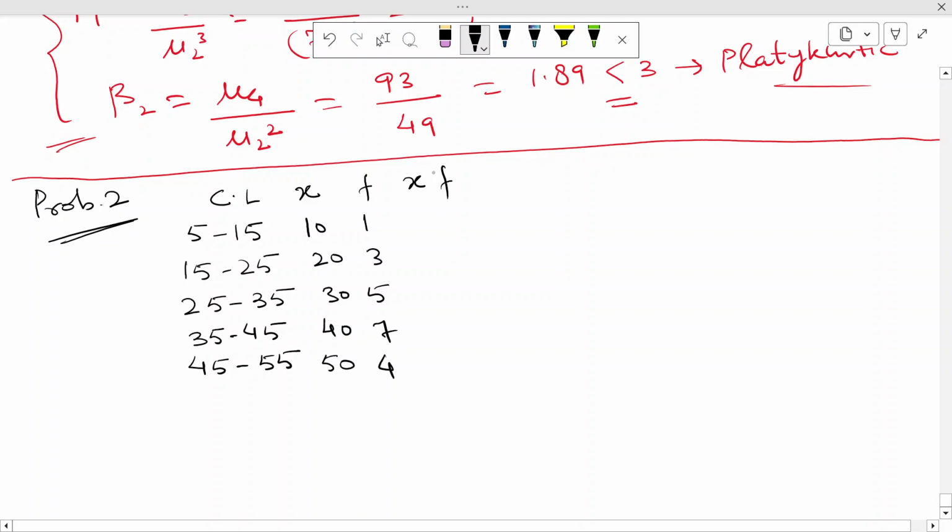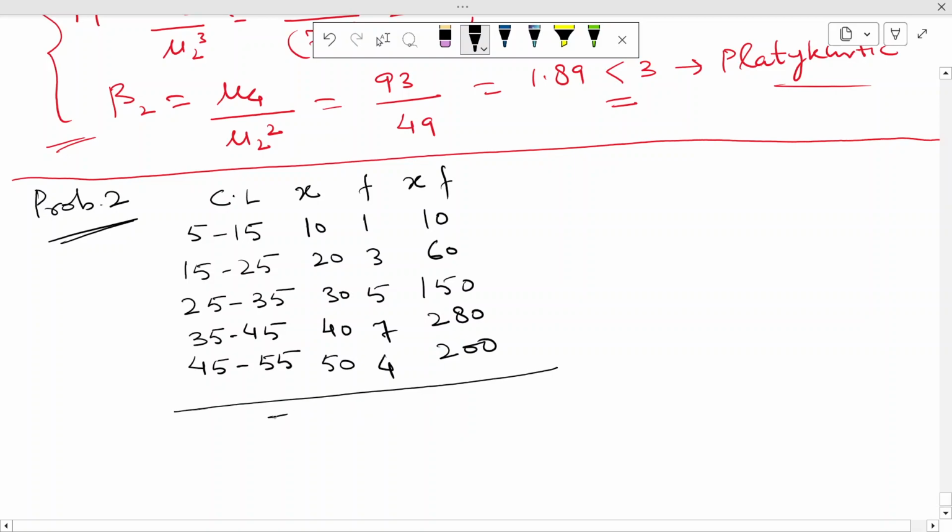Because we know that in order to study skewness and kurtosis we need central moments, first we find the exact mean, and for that we need the product of x and f, meaning the observations and the frequency. So 10 into 1 is 10, here we have 60, next 150, then 280, and lastly 200.